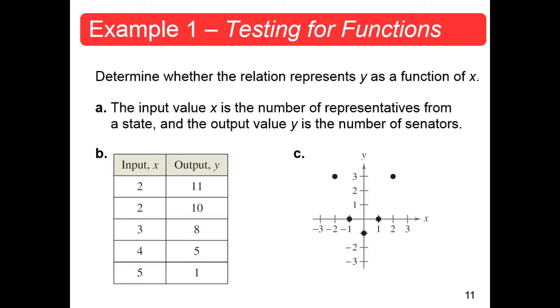I know what you're thinking, though. You're thinking the vertical line test. Yes, he's ahead of us here, but that is an important point. The y-axis is a vertical line.